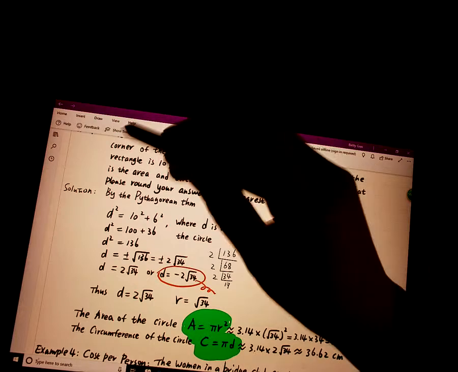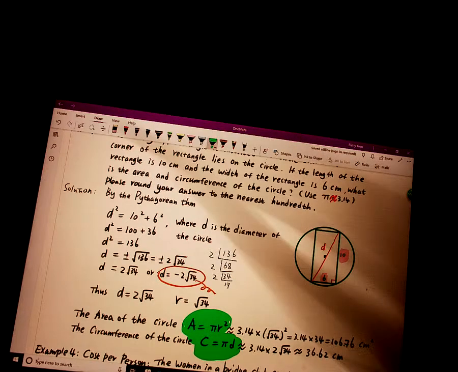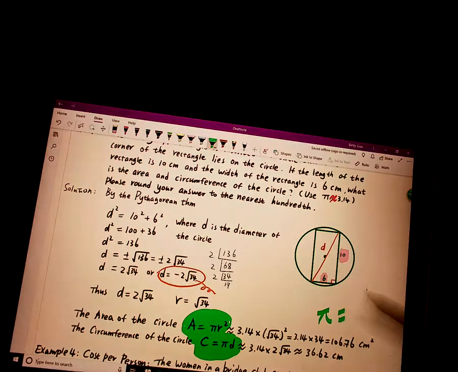Do you guys remember I said how we found pi? Pi is circumference over diameter. Remember the story. No matter what size the circle is, people found out the quotient of the circumference of the circle and the diameter of the circle is a constant.